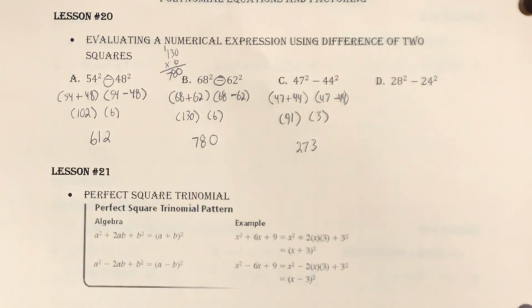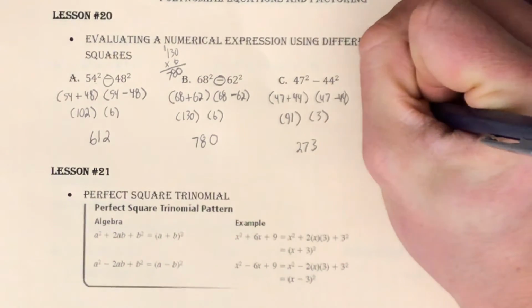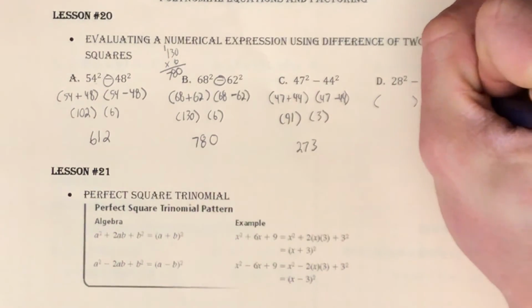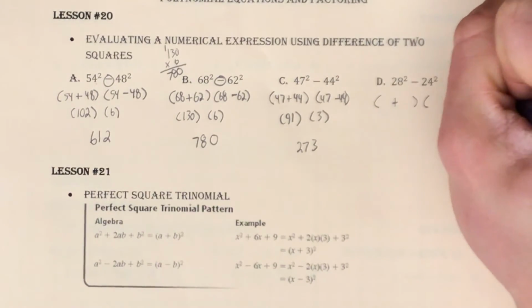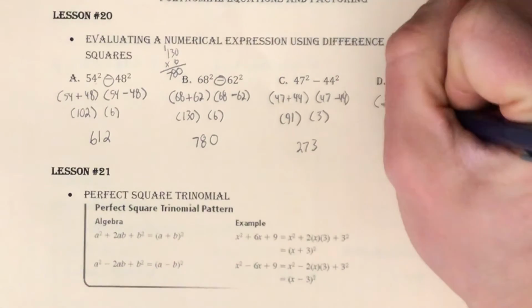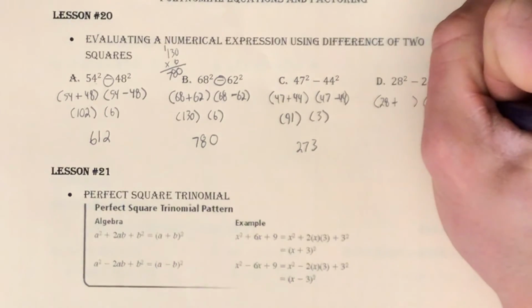I'd encourage you to try example D on your own, then check your answer with mine. So example D here, I've got 28 squared minus 24 squared, two terms, both perfect squares separated by a subtraction symbol. So again, I can go into my difference of two squares. This one's a plus, this one's a minus. The first term of each one is going to be the 28 here.